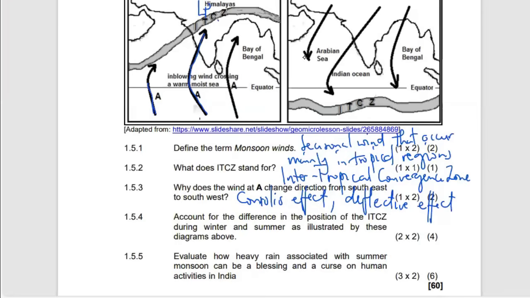The general pressure gradient is driving the wind in this direction. However, because of Coriolis force, the wind is slightly turning to the right. Why? Because we are in the northern hemisphere here. The deflective effect happens to the right side.